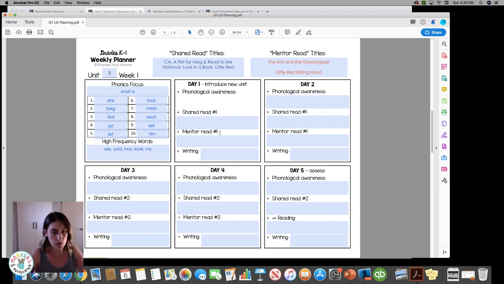Now my phonological awareness. So here's where you choose from the buffet, right? So in my planning earlier, when I was planning ahead of time, I decided that here might be a good time to introduce your spelling. So intro your short E spelling pattern. Oh, sorry. And your high frequency words for the week.